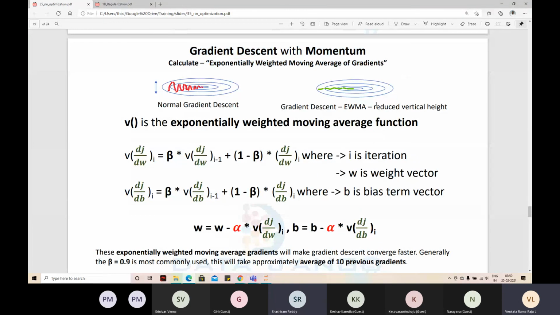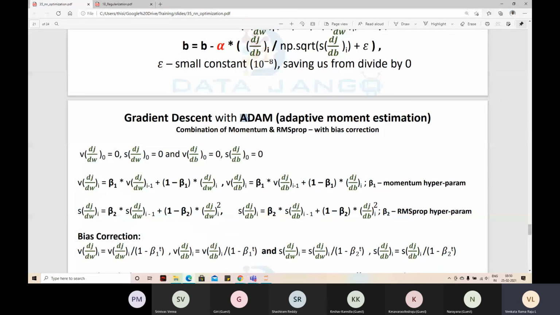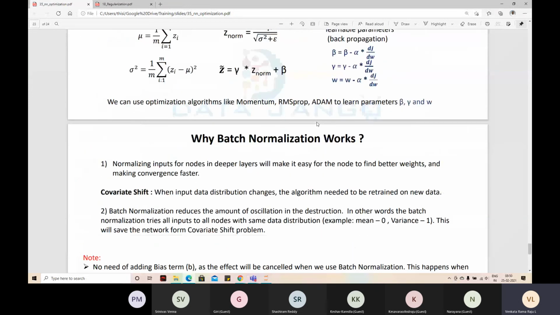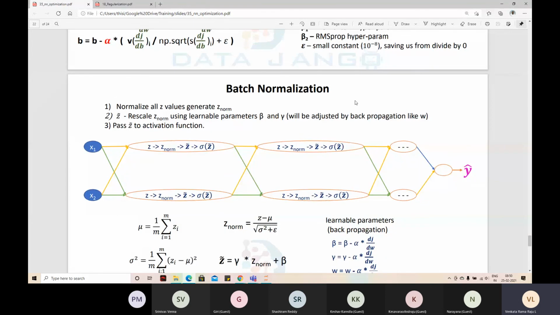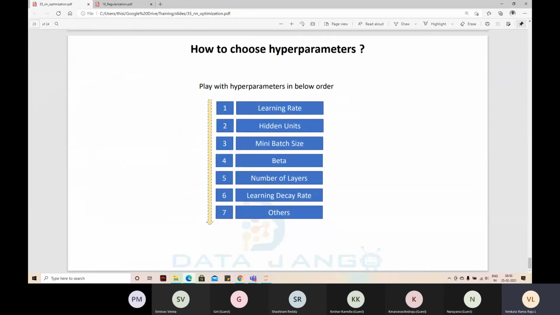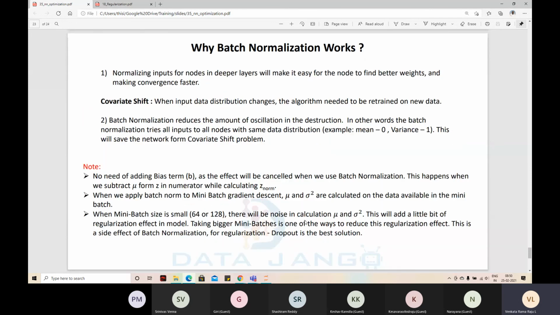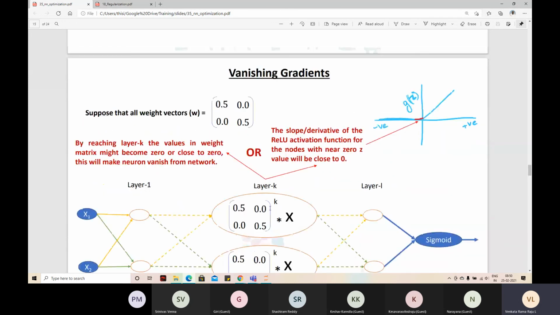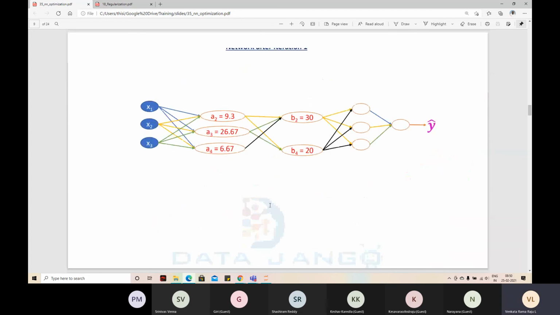We have seen gradient descent, stochastic gradient descent. We'll see momentum, RMSprop, and Adam, and 3 advanced ones, and batch normalization. Okay, 4 advanced optimization techniques, and then we'll know the order of playing with hyperparameters. By tomorrow we will get a full grip on deep neural networks.